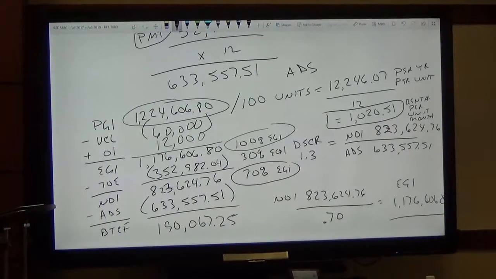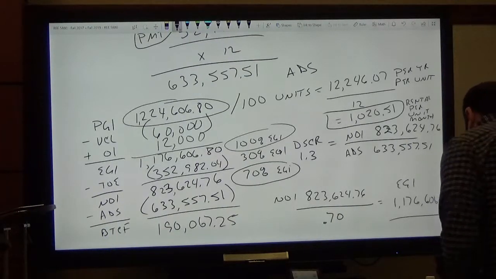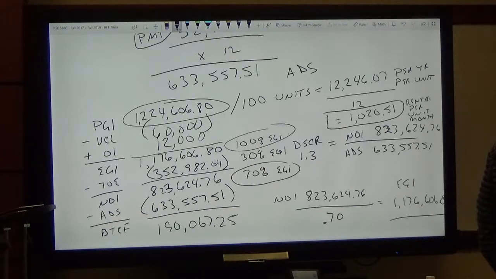Quick question, why can't you just take 90%? What makes that different? Why does it come up with a different number? I'll show you.